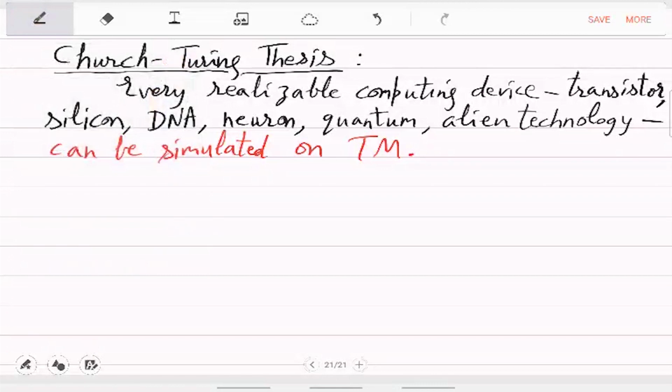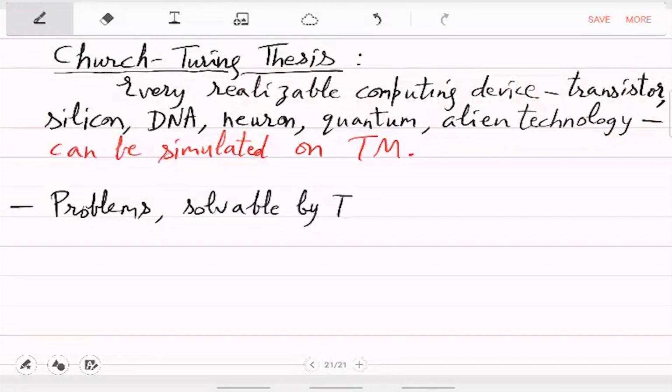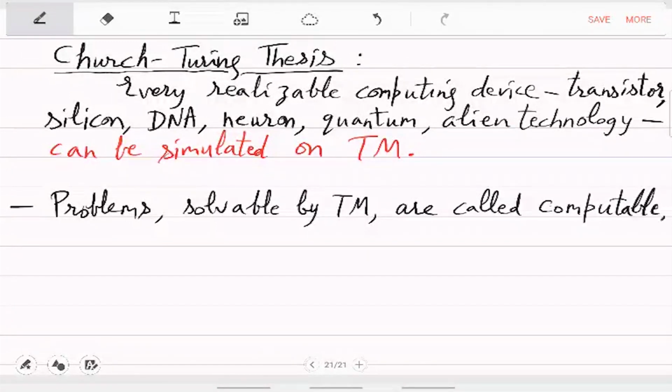So the problems which a Turing machine solves, they are called what? They are called computable, decidable or recursive.